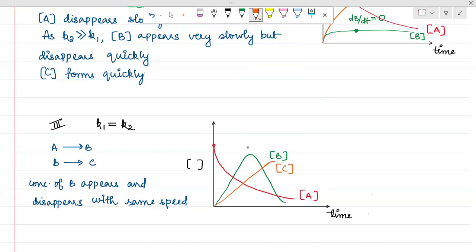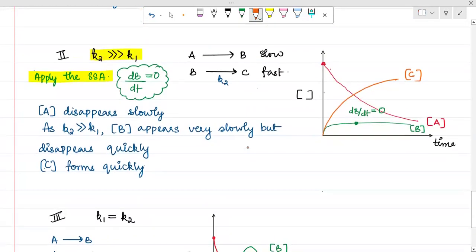So what we want to focus upon is case 2, where we can apply the approximation. And what is the approximation? The concentration of B attains steadiness after a certain while. How does it attain the steadiness? Because the moment it is formed, it disappears to the product. And that is the condition of steady state approximation.